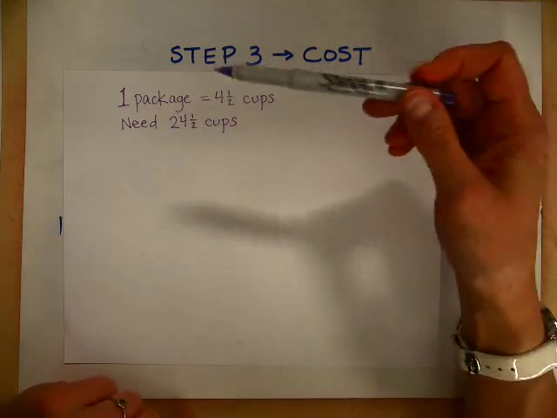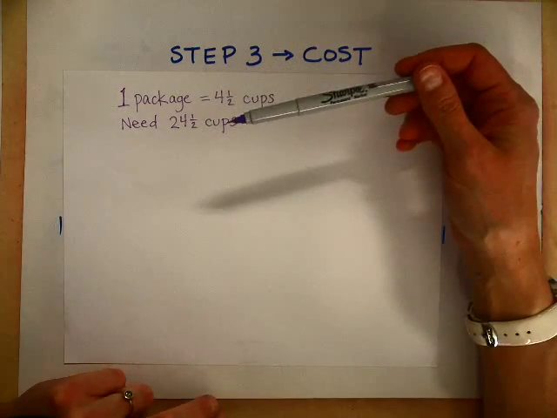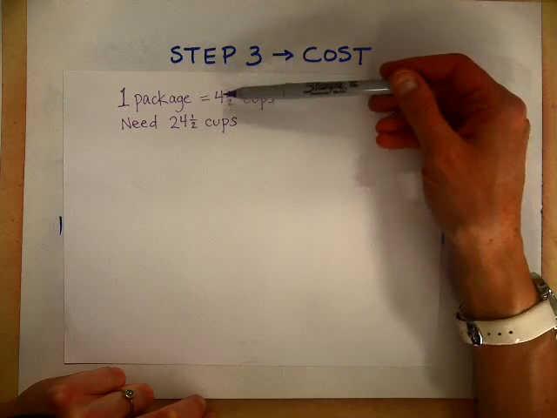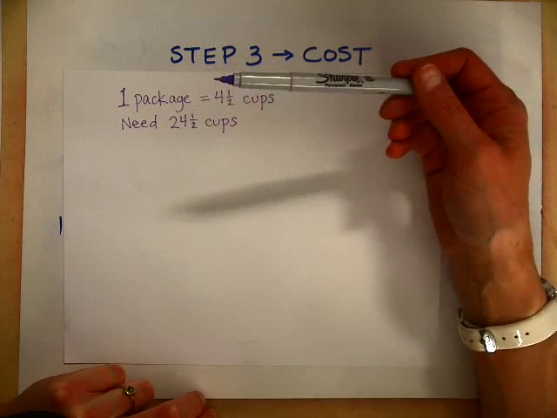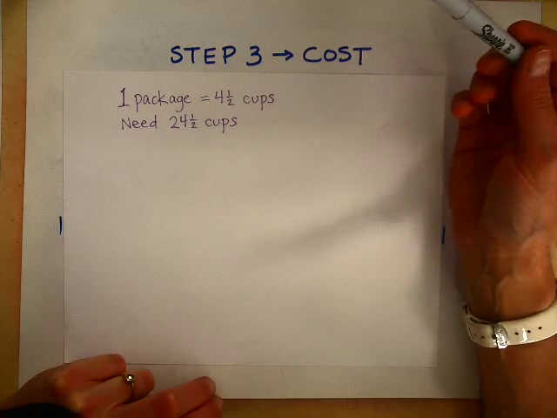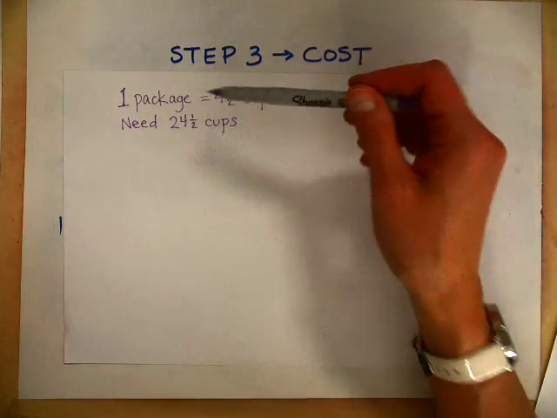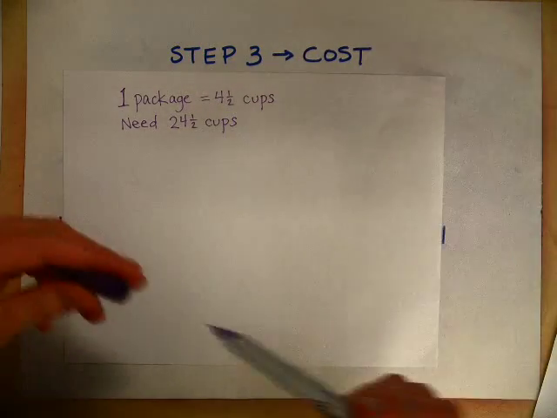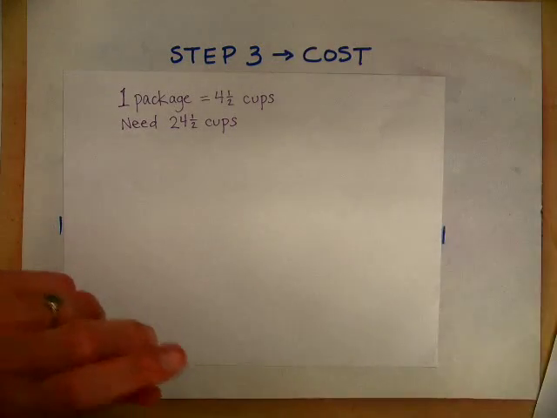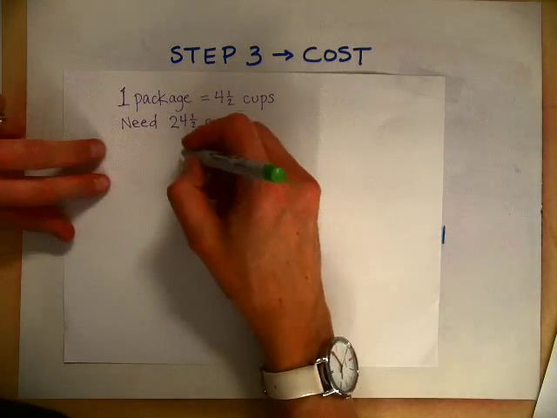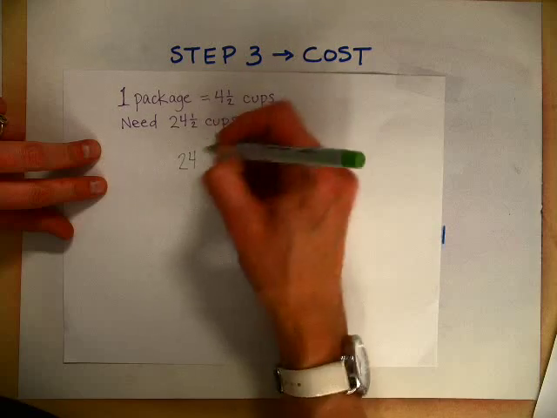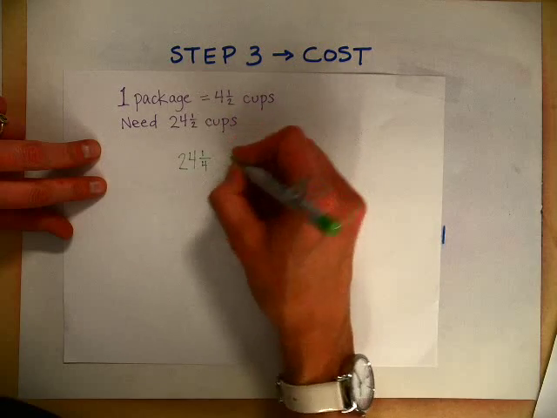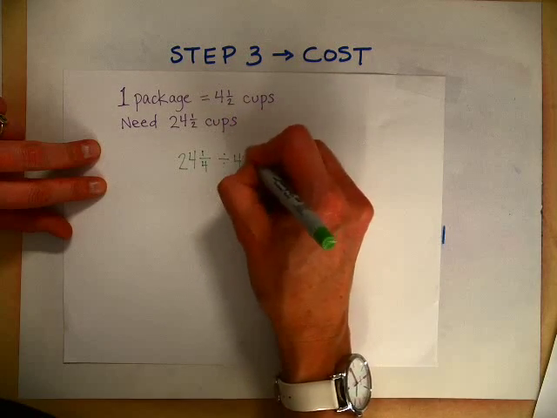So I need to find out how many of these fit into that, because then that's how many packages I would buy. So it's basically 4.5 times what equals 24.5. So that's another division problem. So it's 24.5 divided by 4.5.